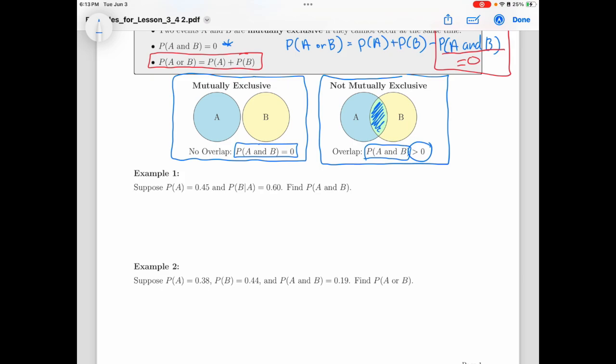Let's look at example 1. Suppose the probability of A is equal to 0.45 and the probability of B given A is 0.60.